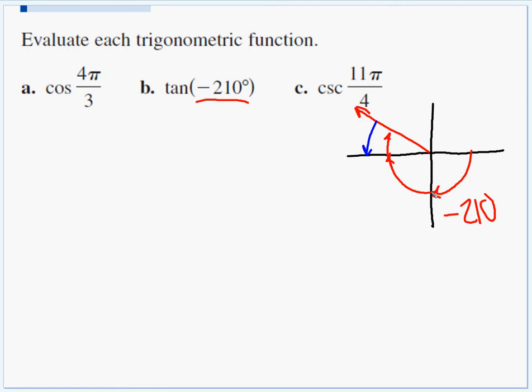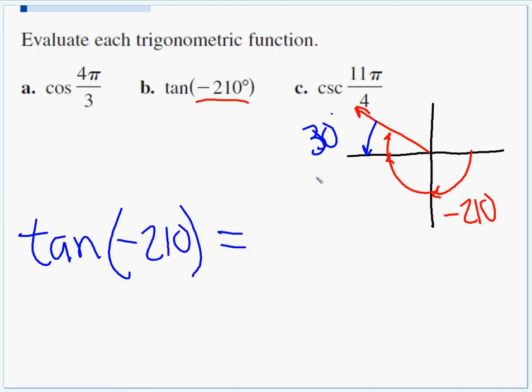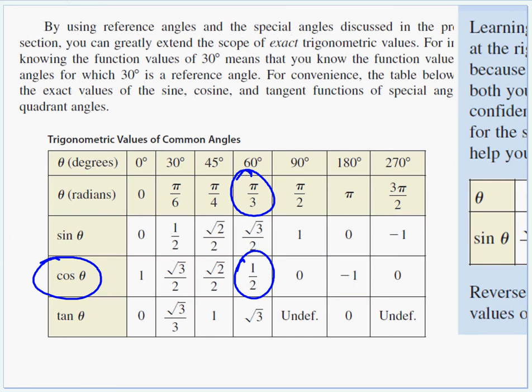Well, let's see. Half a circle is 180, and I went beyond 180 to 210. So to get back, that is a 30-degree reference angle. There's 30 degrees between there and the x-axis. So the tan of -210 degrees is going to have the same value as the tan of 30.